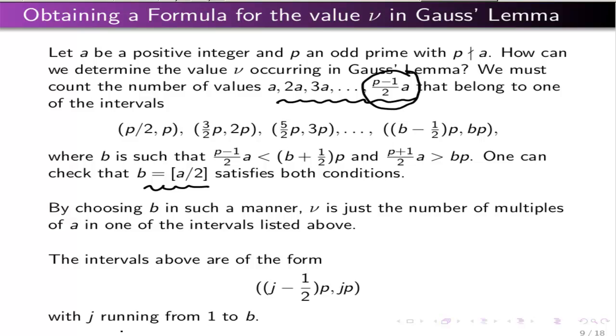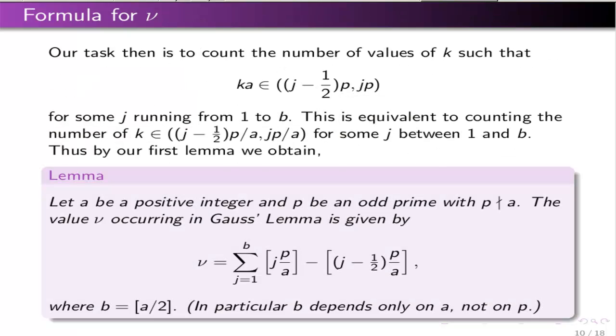So when j equals 1, you have (1/2)p, and when j equals b, we get the final interval right here, ((b-1/2)p, bp). So our task is to count the number of values of k, so the number of multiples ka, such that ka is an element of one of these types of intervals, where j runs from 1 to b.